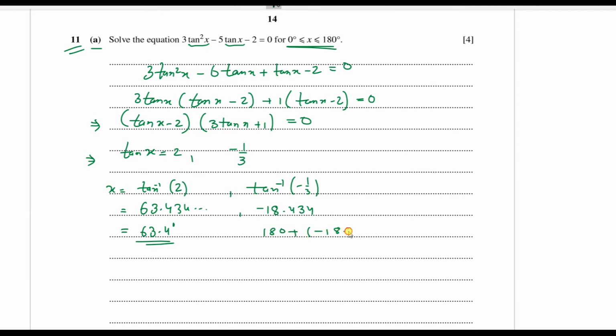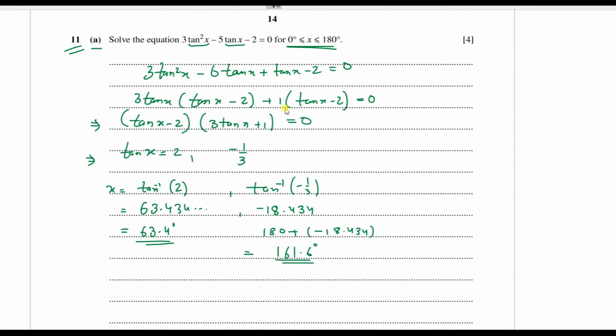So we can rewrite it as 180 minus 18.434, which is going to be 161.566. To one decimal place it is 161.6 degrees. So they are the two solutions of this. I hope that is clear. So let's discuss the second part.